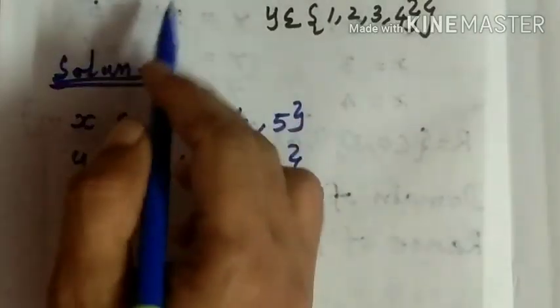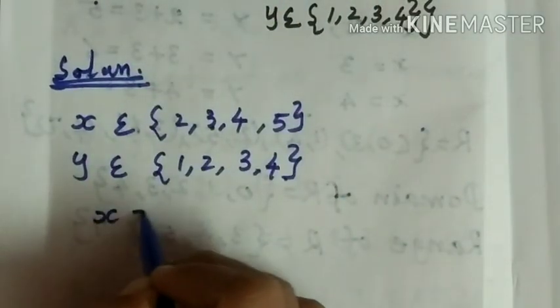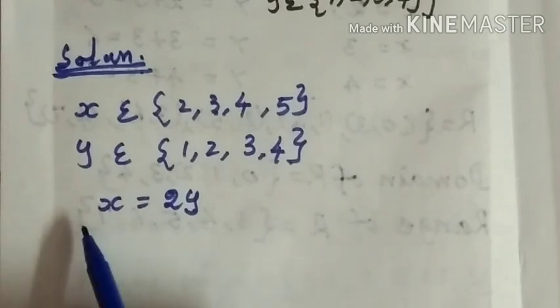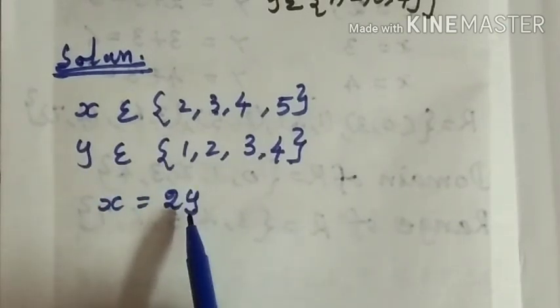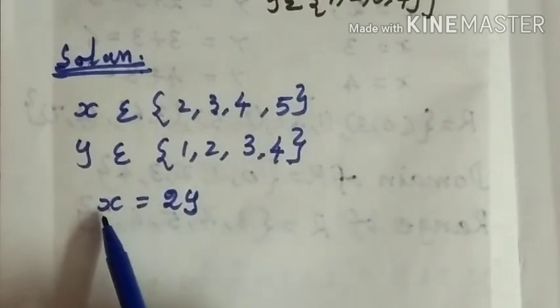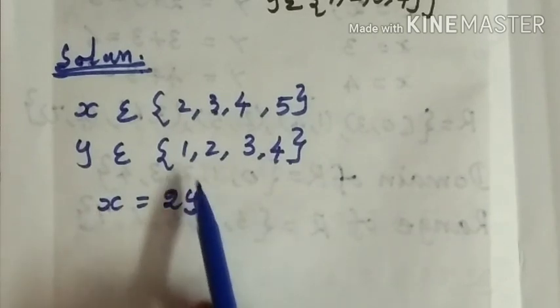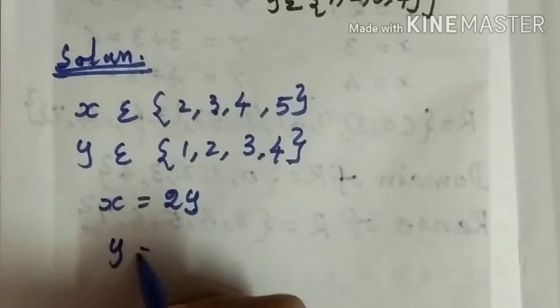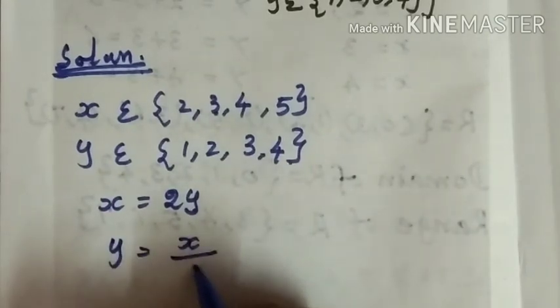Now the given condition is x equals 2y. For better understanding, I will change this into a y term. Here in the question they gave the x term, and I will change it into the y term. That is y equals x by 2.